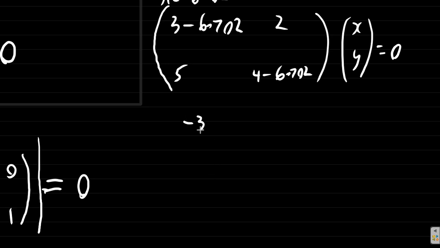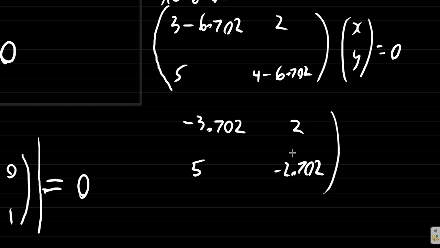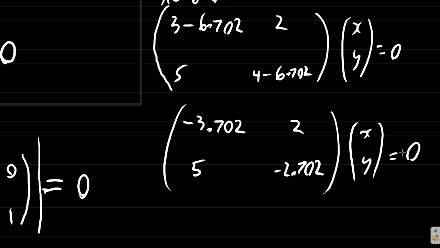So we have negative 3.702, 2, 5, and then 4 minus 6.702 will give us negative 2.702, times x, y equals 0. But this 0, you could even write it like this.